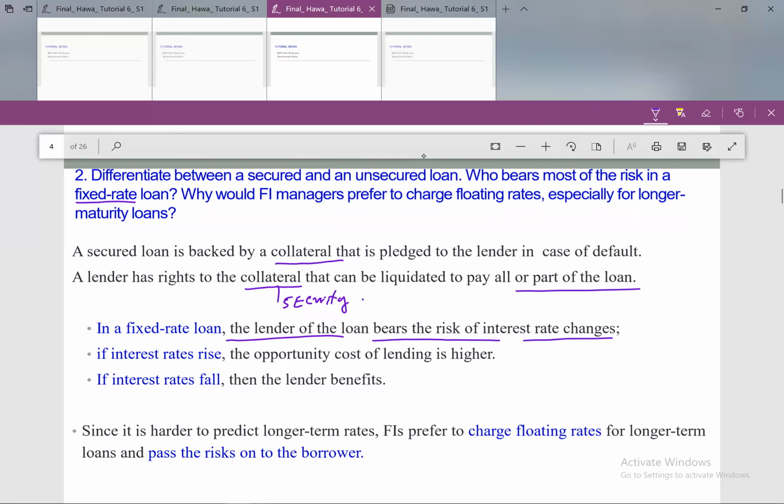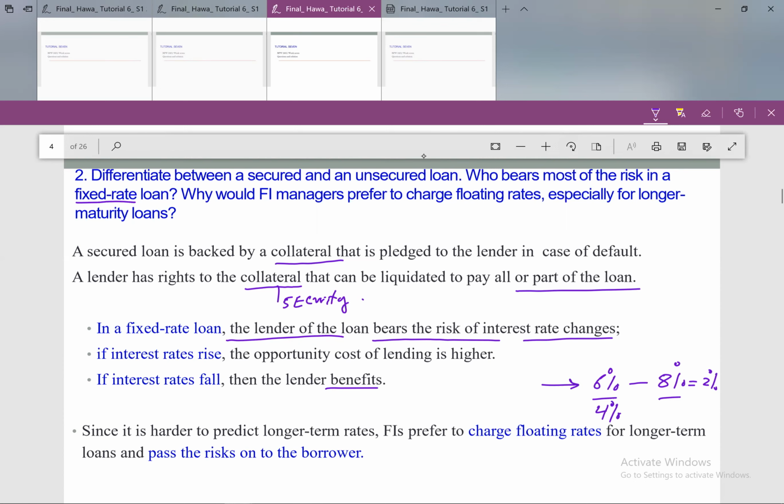In other words, if the interest rate goes up, for example, if I give a housing loan of 6% for 30 years, and the rates go to 8%, in this case, I cannot increase to 8%. I would just get 6%. So I have 2%, which is opportunity cost. I'm losing that one. But if the interest rate drops, I will be benefiting. So I give 6%. If the interest rate drops to 5%, my customer still pays me 6%.